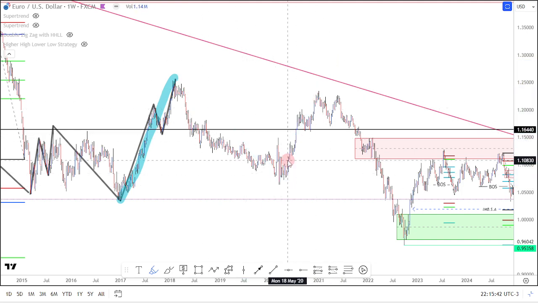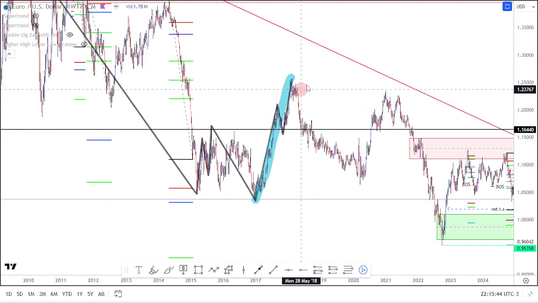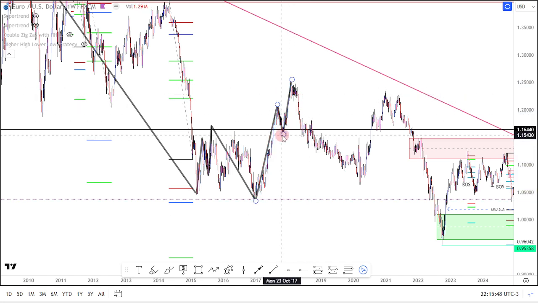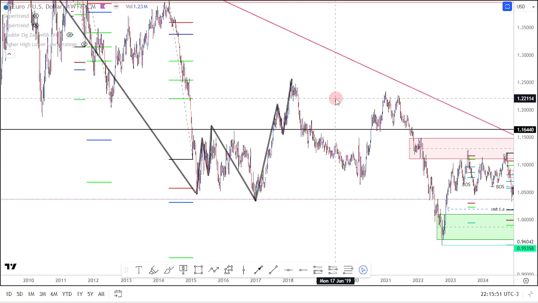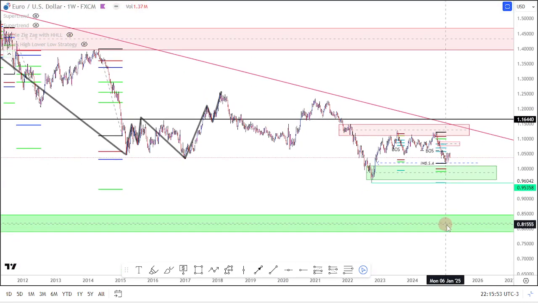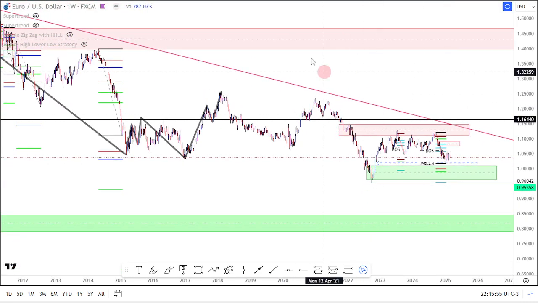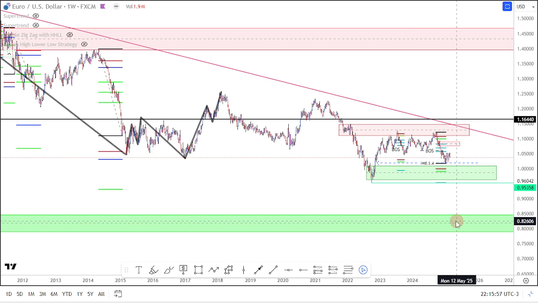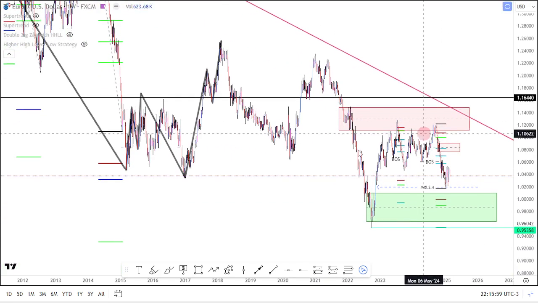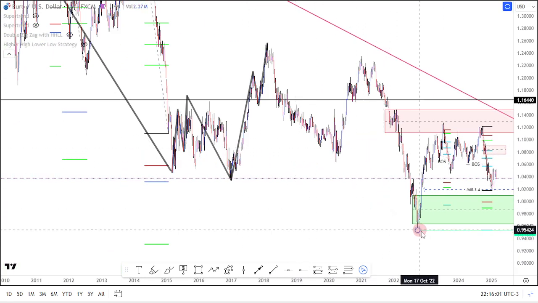But because the market is coming from the resistance band area, and long term we're expecting price to go to the support band area, the market is supposed to come down here. Right now on the weekly time frame, the market made a lower low, which means the market made an extension.